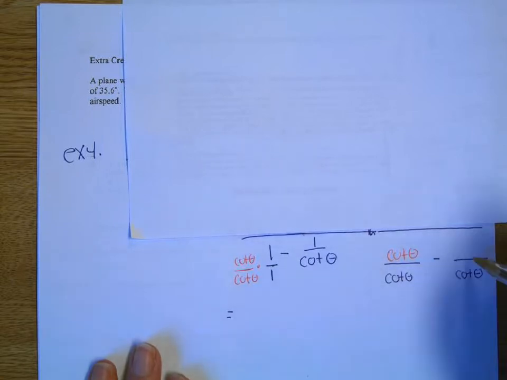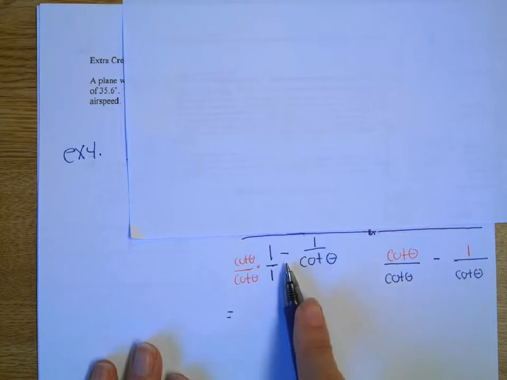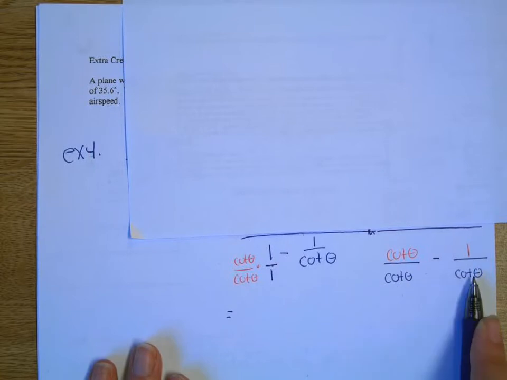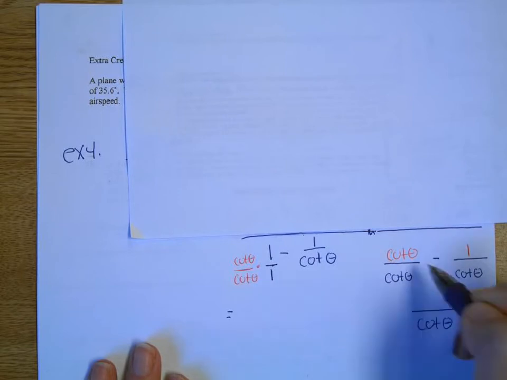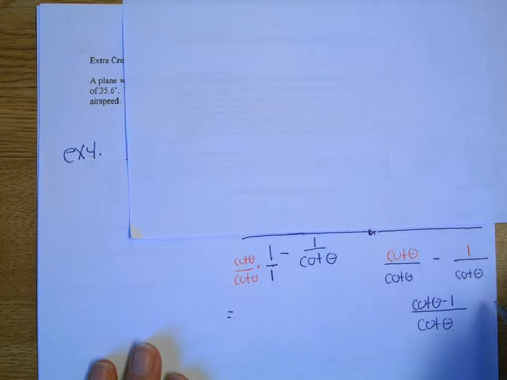Just 1. So it's the same thing with a minus in the middle. This one's got a subtract here. The other one had an add. Okay, I've got my common denominator on my two fractions. What's next? Now simplify. You bring them together and make one fraction out of the two. What's my denominator? Cotangent. Then I've got cotangent minus 1 as my numerator. Okay, we're almost there.